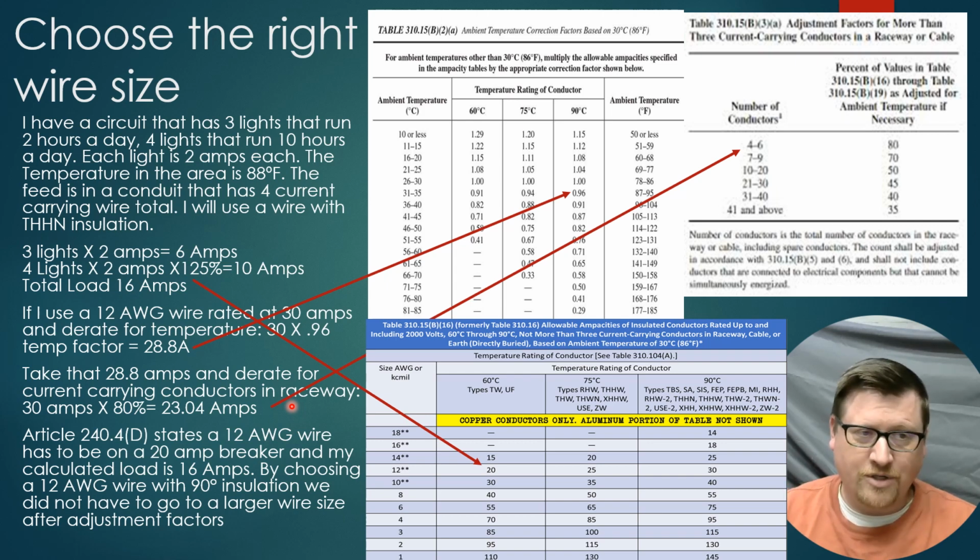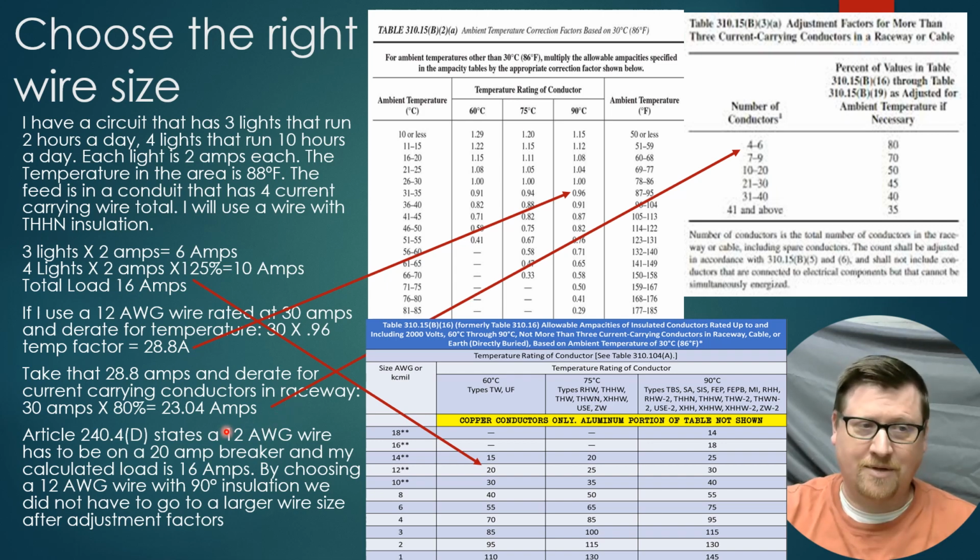Now we're not drawing 23.04 amps, right? All these calculations that we've done are telling us how many amps are allowed on that wire. And so for a THHN wire, after our correction factors, we're allowed 23.04 amps.